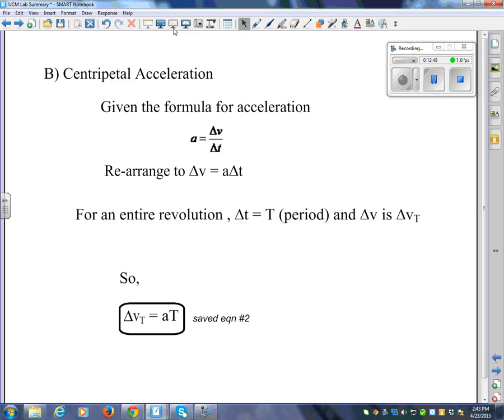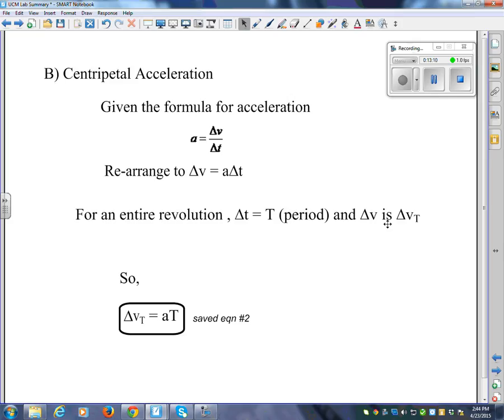Centripetal acceleration. Do you know that the formula for acceleration is a equals delta v over delta t? You do. Can I rearrange that to delta v equals a delta t? I can. And for an entire period, I'm going to replace delta t with big T, because that's the period.